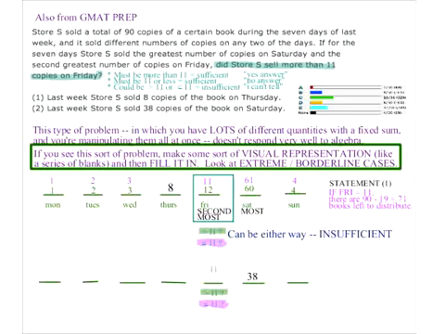Now, what do we know about the rest of these numbers? Remember, this is the second most books, so fun fact, they've all got to be smaller than 11.